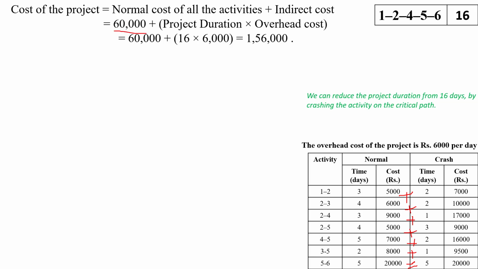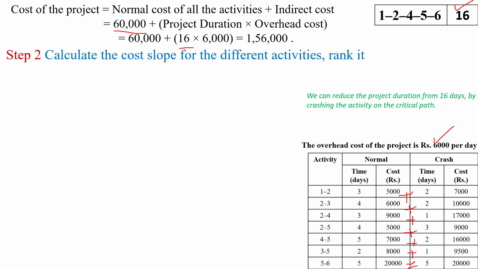Indirect cost is the project duration times the overhead cost. Here project duration is 16 days and overhead cost per day is 6,000, so indirect cost is 16 days into 6,000 per day. So the total cost of the project is 60,000 plus 16 into 6,000, which equals 1,56,000.